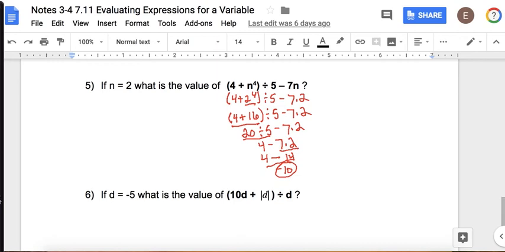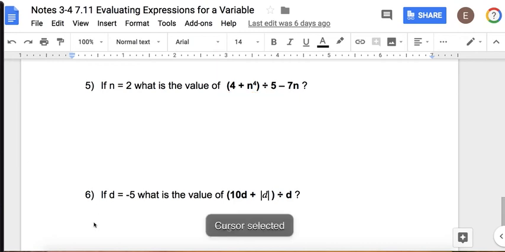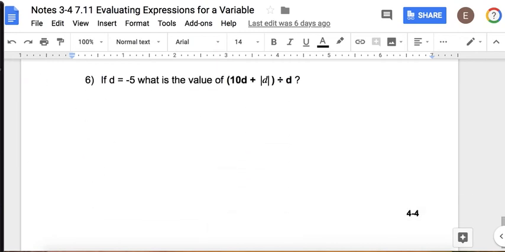Okay, let's look at the sixth and final example. If d equals negative 5, what is the value of parentheses 10d plus absolute value of d divided by d? So let's take out all the d's and put negative 5.